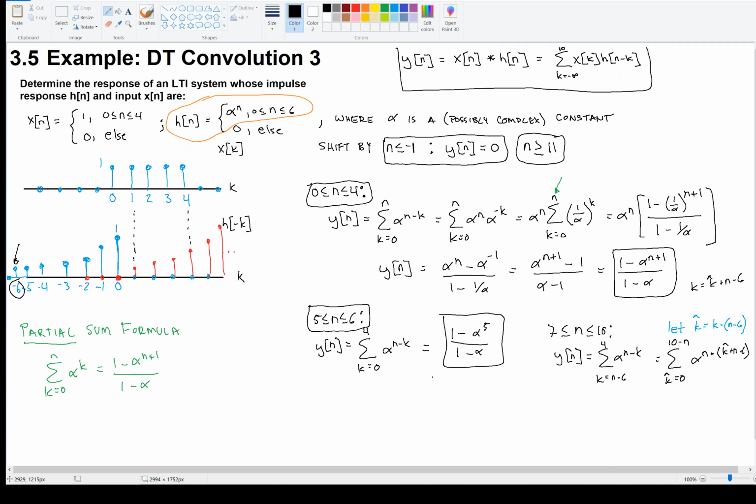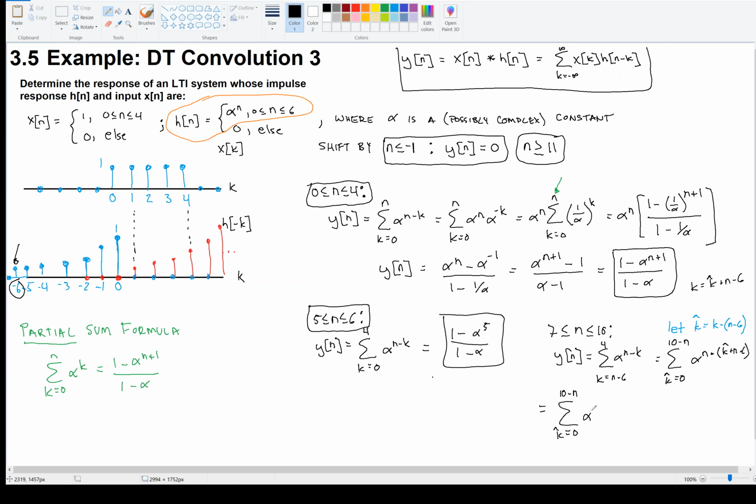Okay, again, pause the video if you want and make sure this is all making sense. I did a change in variables. Wherever there was a k, I got rid of the k's and made k hats. Now I've got k hat running from 0 to 10 minus n.